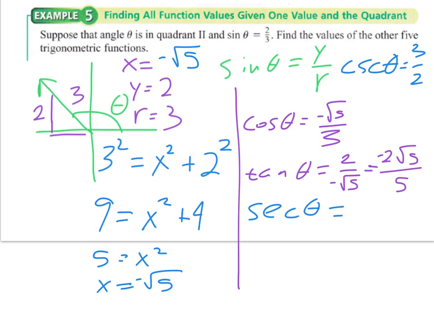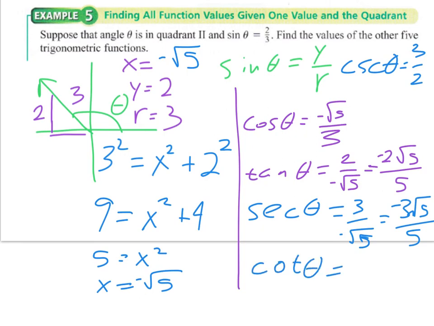Secant, so it would be 3 over negative square root of 5. And again, I would have to rationalize, so I'd go negative 3 square roots of 5 over 5 for the secant. And so the last trig function we would need would be the cotangent.